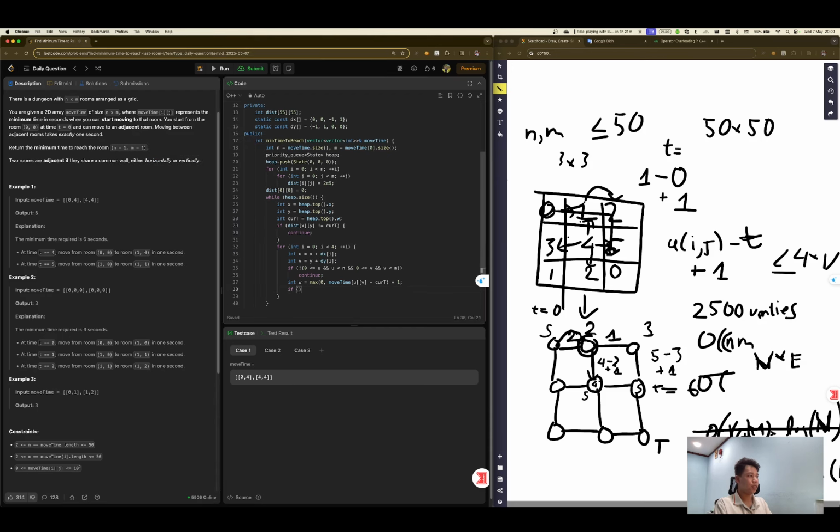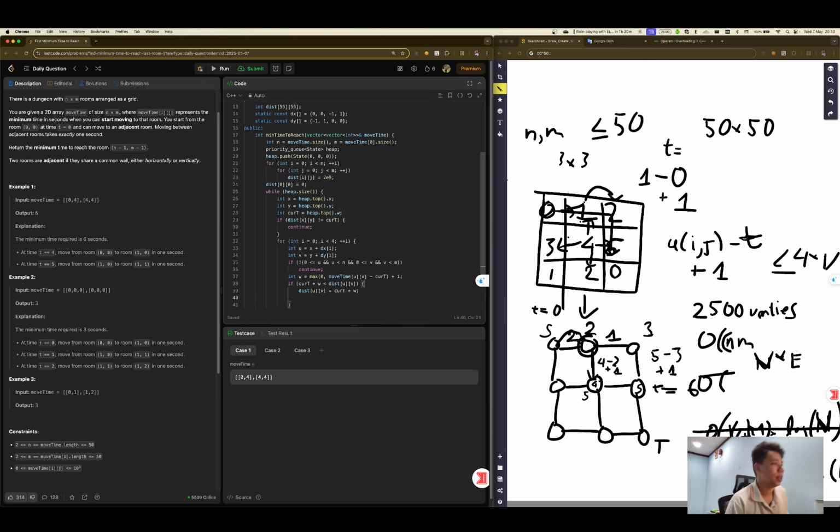If the cost of moving from here to u, v is less than the best cost so far of u and v, then we update it and push it to the heap with the state u, v.